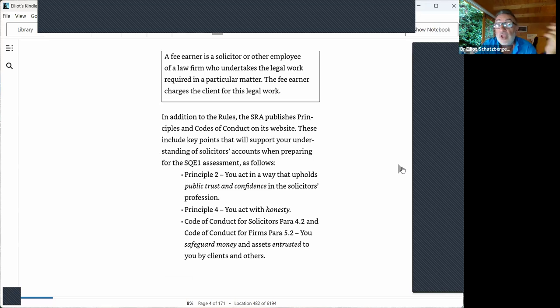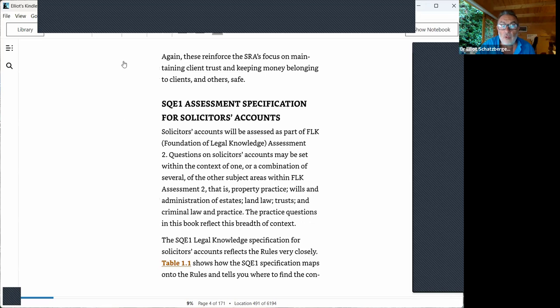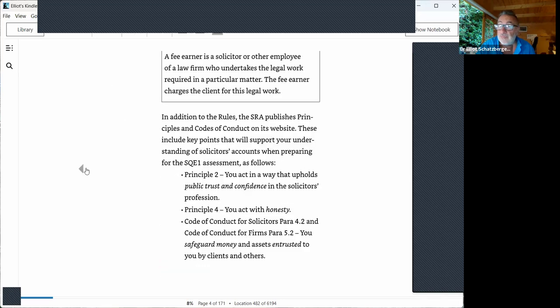Principle, for example, number 2 is that you act in a way that upholds public trust and confidence in the profession we are all in. Principle 4, honesty. Number 5, safeguarding money and assets entrusted to you, you keep them separate. So these principles, again, are really, really important.